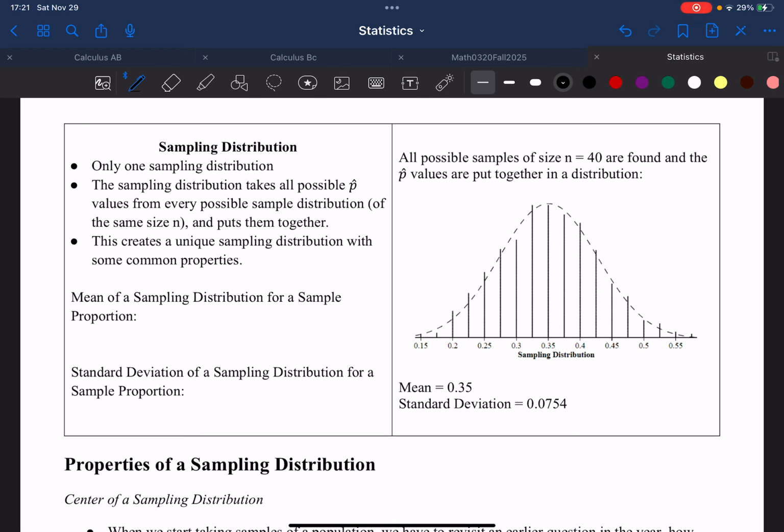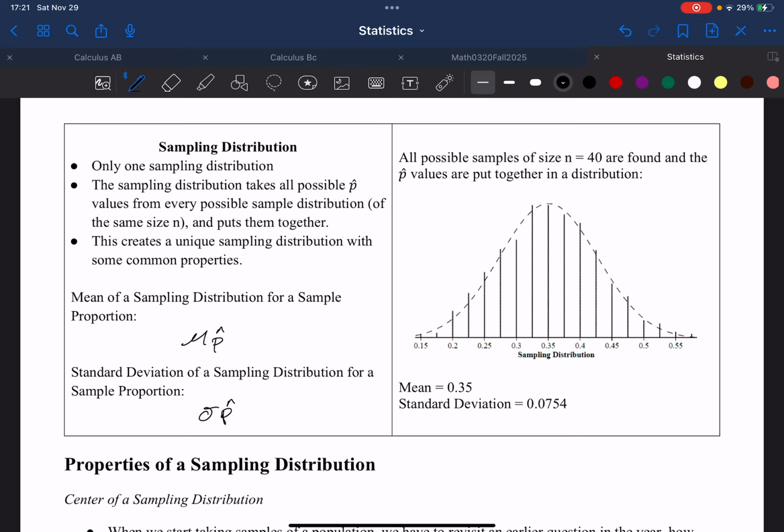The mean of a sampling distribution for sample proportion is mu of p hat, and the standard deviation of a sampling distribution for sample proportion is sigma of p hat. All possible samples of size n equals 40 are found, and the p hat values are put together in a distribution.